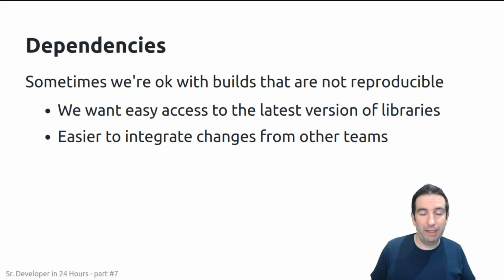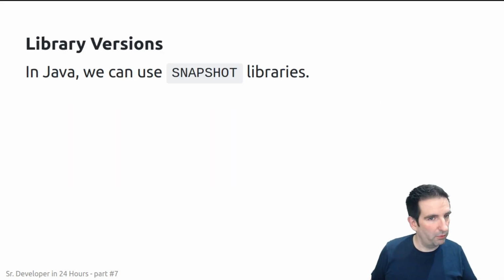If we're working side by side with another team, this other team is building a library that we depend on, and they're making constant updates. Sometimes it makes it easier for us to just have our build system configured to pull the latest version that the other team is working on, rather than having to bump the library version every time our peer team makes any kind of changes.